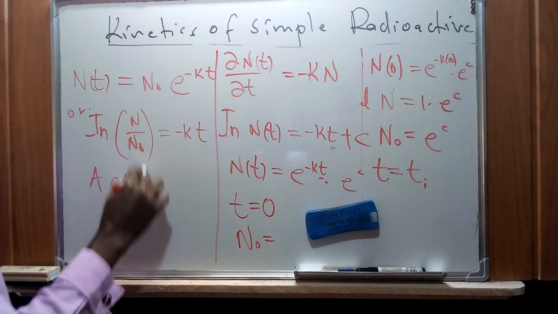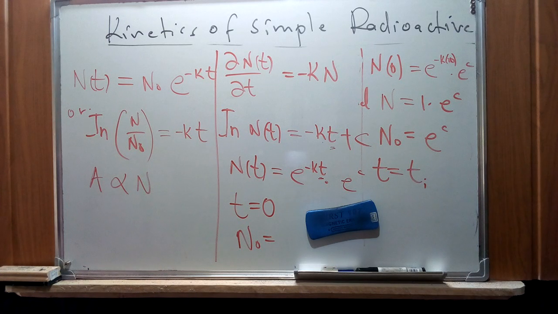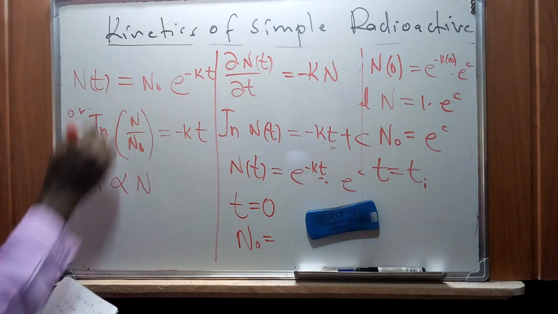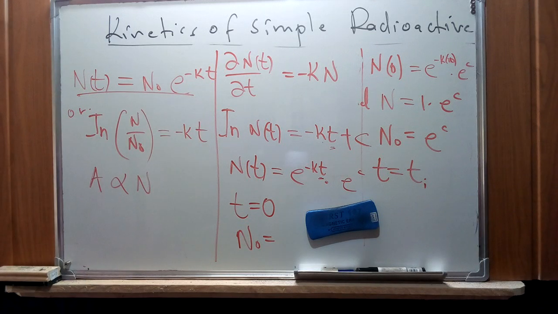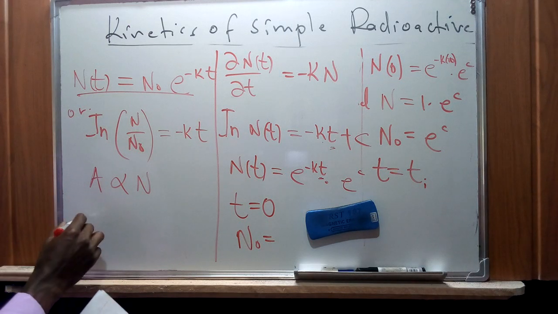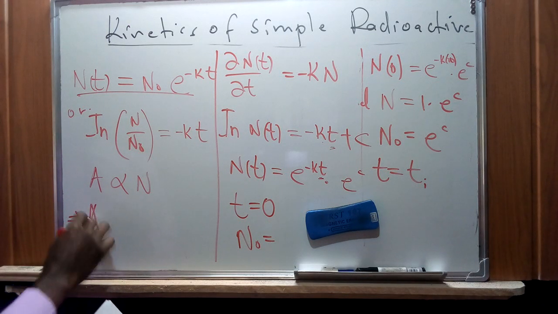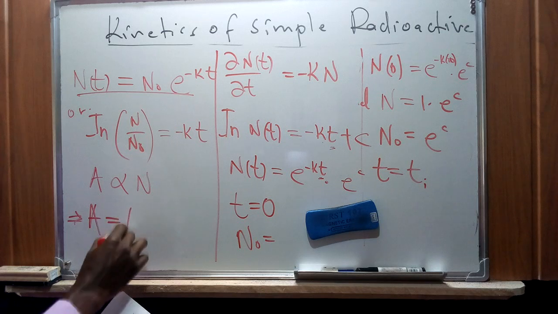Therefore, we said that activity is directly proportional to the number of nuclei that are present. So from this formula, we can also define activity by doing a substitution for activity instead of the number of nuclei. So we can say that A equals A naught e^(-kt).